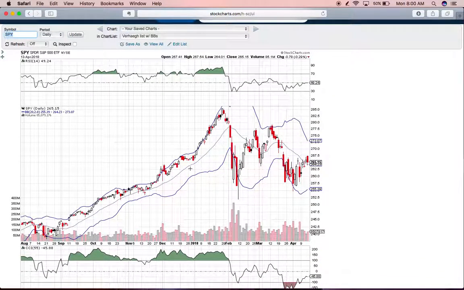If it's a 30-minute chart or whatever time frame you're looking at, it's going to be the last 20 bars. And then you've got the upper band and you've got the lower band. And these bands are 2 standard deviations above or below the 20 simple moving average. Now, if you don't know what a standard deviation is, don't worry about it. You can Google it.